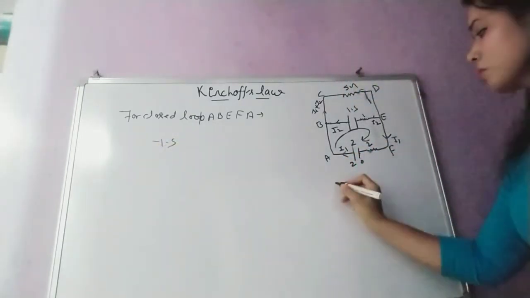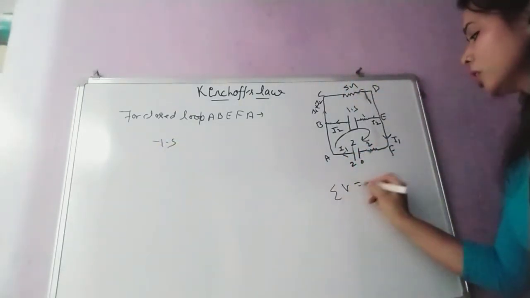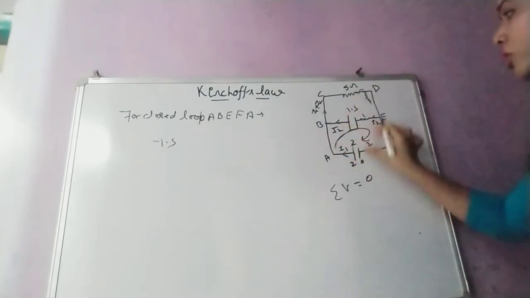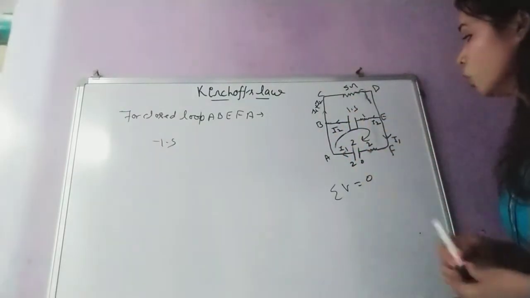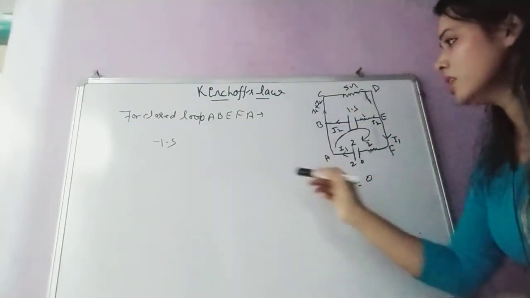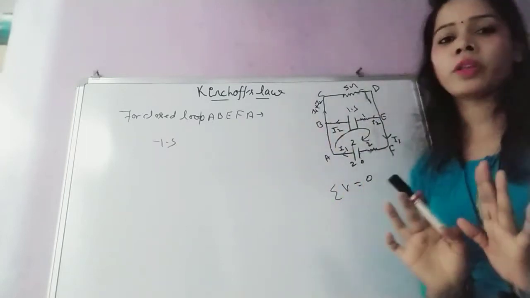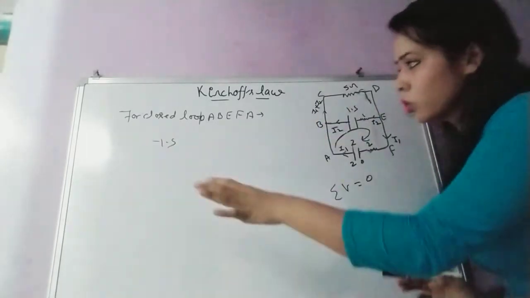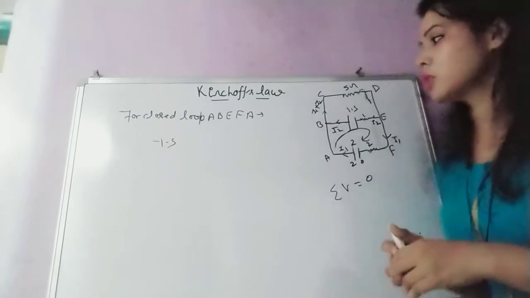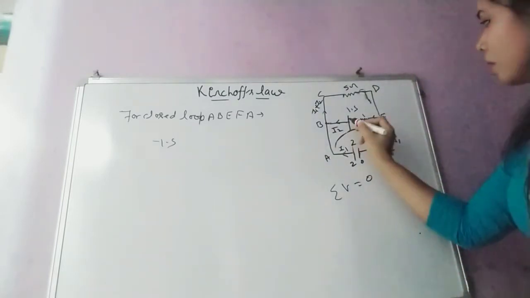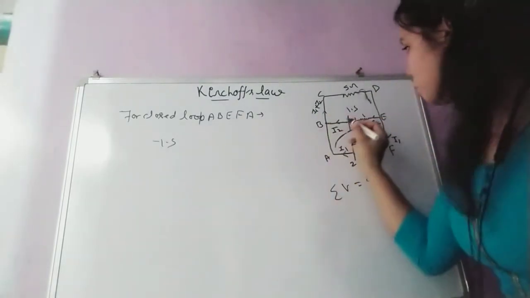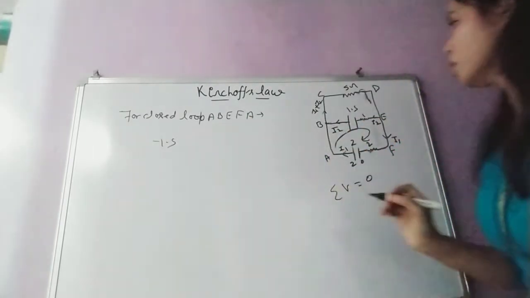See, Kirchhoff's second law says that the sum of all potentials equals 0. So I am writing all the potentials in this circuit. For this closed loop, I am taking all the potentials and I will write equals to 0. Whatever potential there is, we will add it all up and that will equal 0. So I am taking minus 1.5, because potential drop from positive to negative, so minus 1.5.